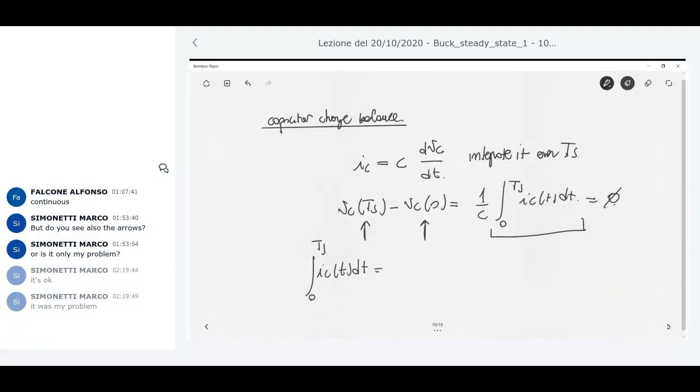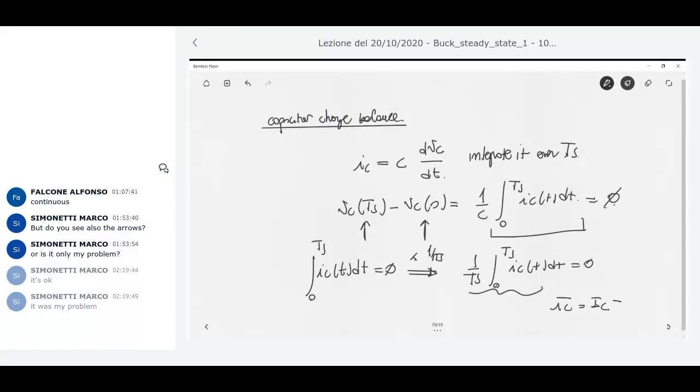What happens if I multiply this by 1 over Ts? Nothing changes because the integral is 0. But this has a physical meaning. This is the average current flowing through the capacitor in steady state. So the average current flowing through the capacitor in steady state, which I can express with the bar on the capital letters, is null.